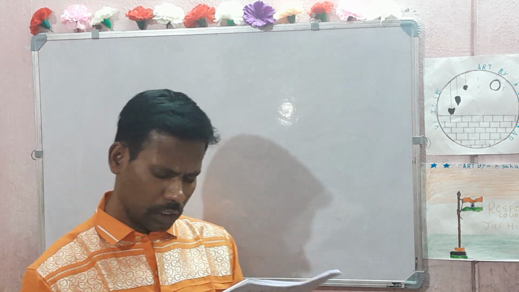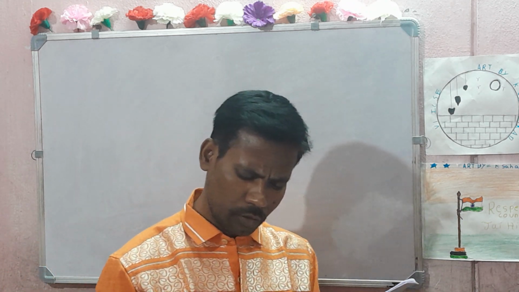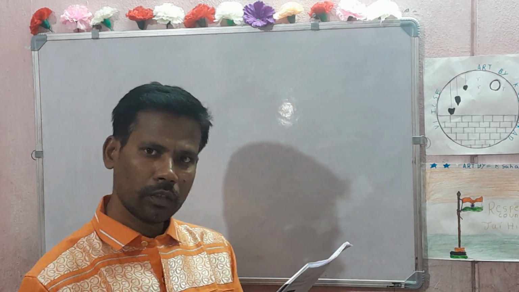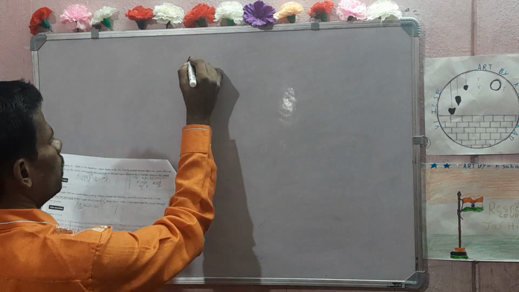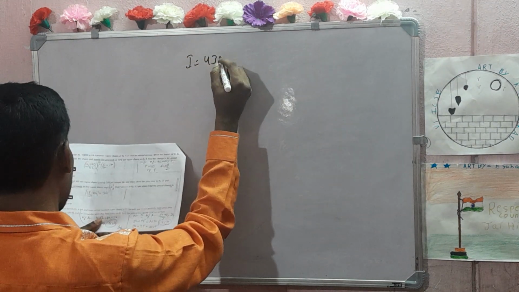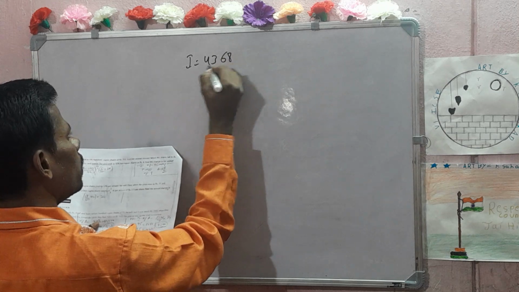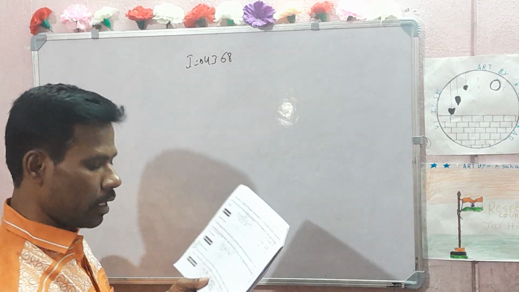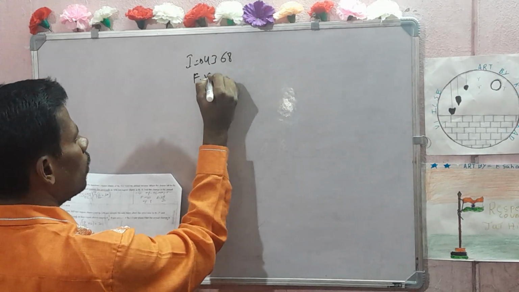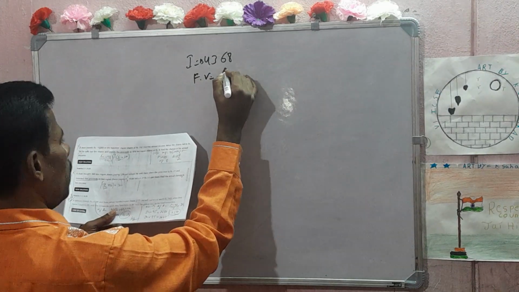So once again, a person's investment is 4368 and he buys certain 100 rupees shares at 91. Face value is 100.